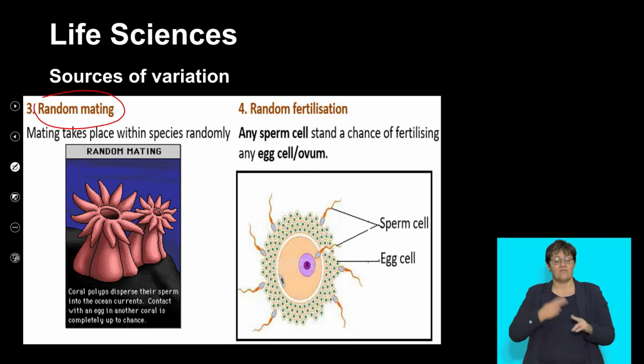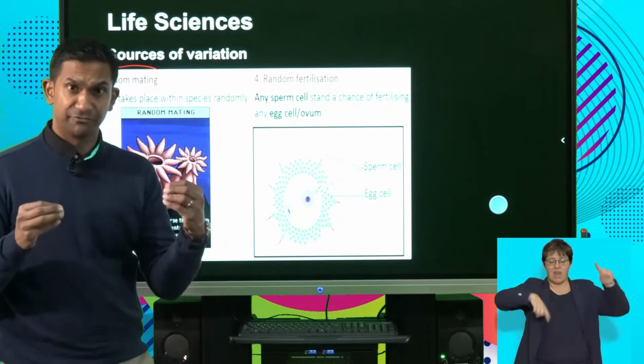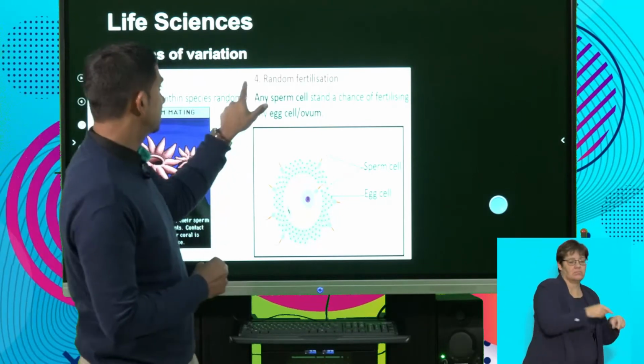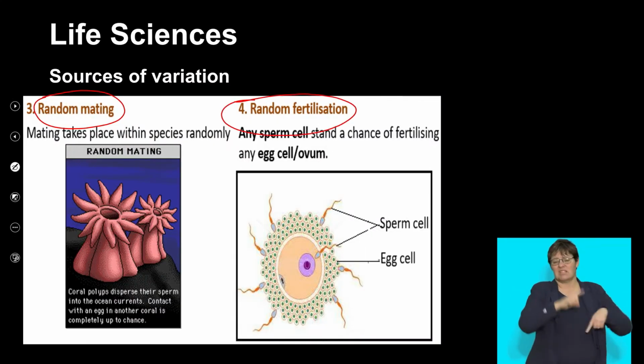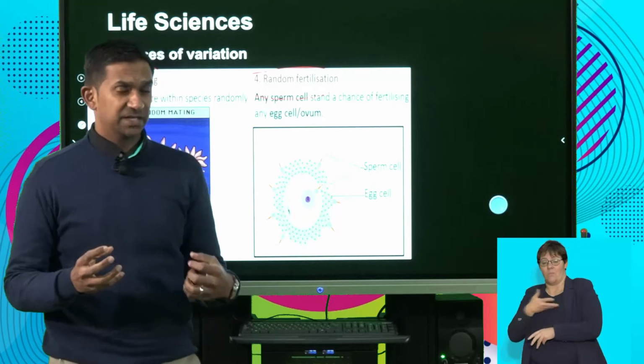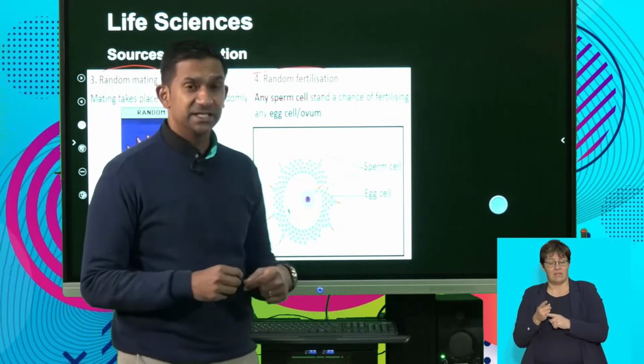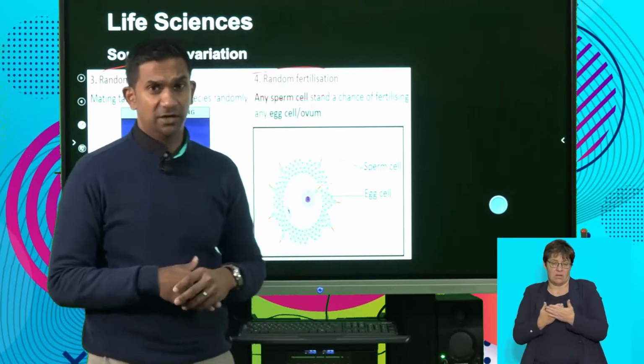Finally, we talk about random mating between individuals, which creates random offspring that have variation. So the randomness of mating produces variation. And finally, when individuals mate, there is a large number of gametes produced by the male and the female. And so those random fertilization processes that occur create several possibilities in the offspring.